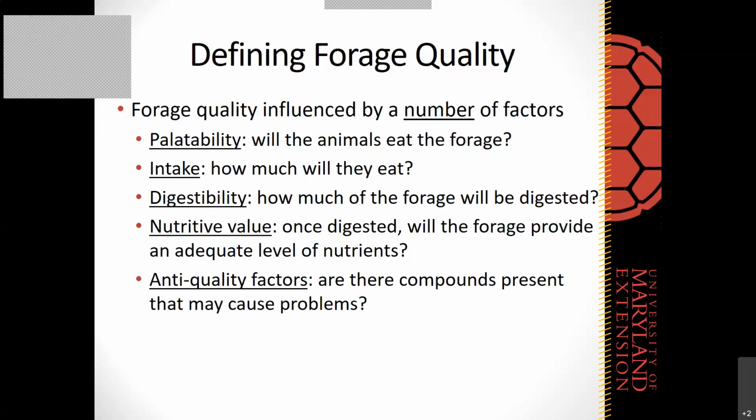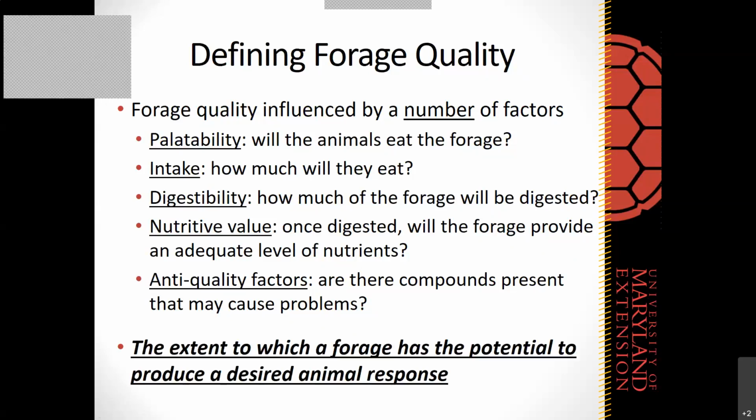Those are all things to consider when we're talking about forage quality as a whole. So I like to think about forage quality as the extent to which a forage has the potential to produce the desired animal response. And that desired response may be slightly different depending on what type of species we have. But if we're getting to where we want to be going, then we're doing well in terms of forage quality.